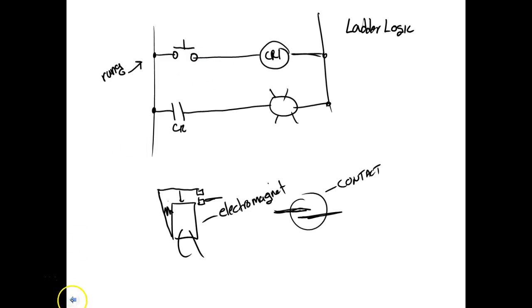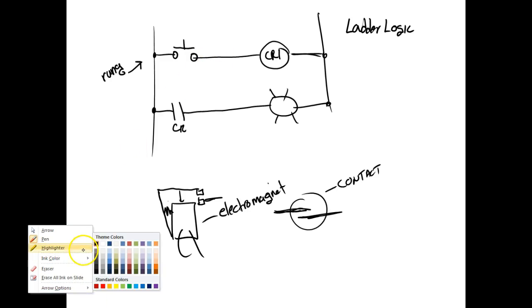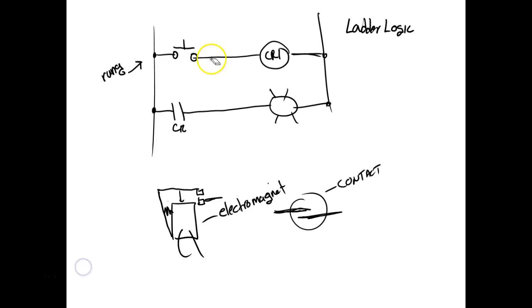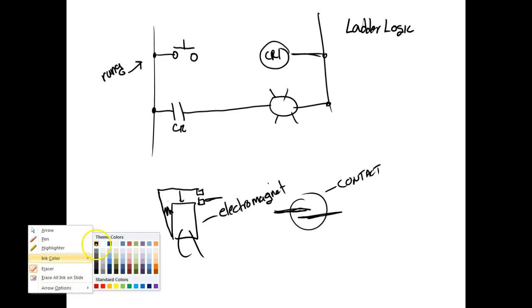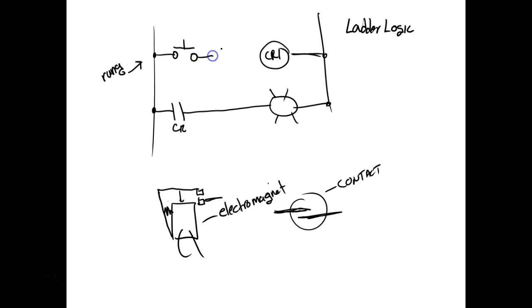And then we can come over here and draw this under the bottom, and we'll do the same thing. Well, this would be a normally closed momentary contact push button. Make sense? Okay.